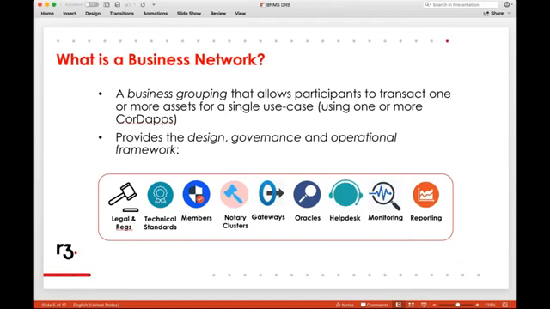And a single compatibility zone, just to reiterate this, will be able to contain multiple business networks, operating within the same global environment. But this means if we would like to transact some asset for some specific purpose, you would have to join the business network in which this asset is transacted. Any questions about that?